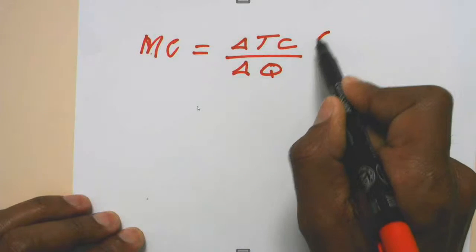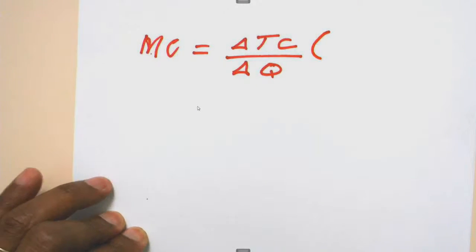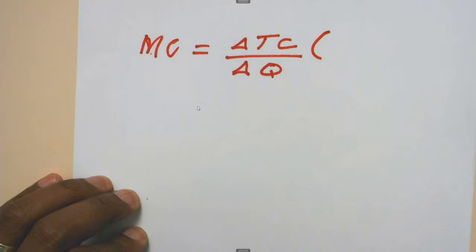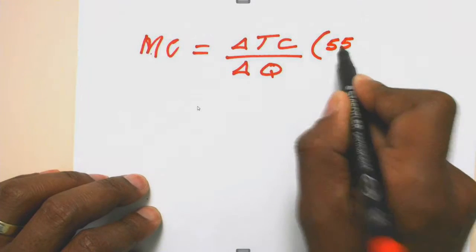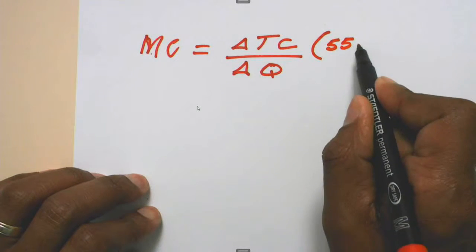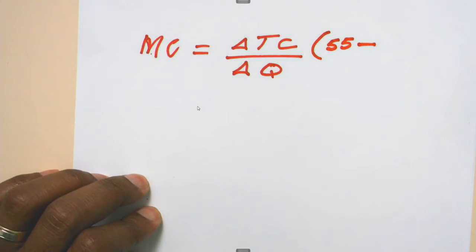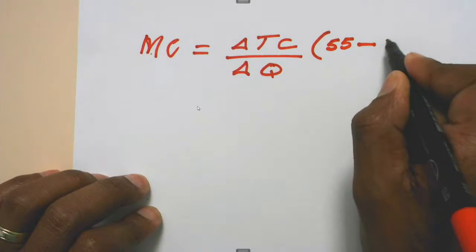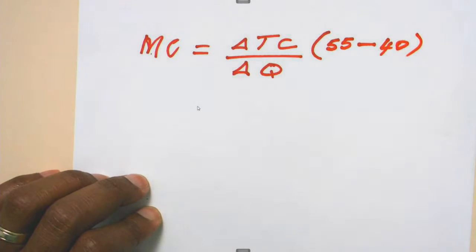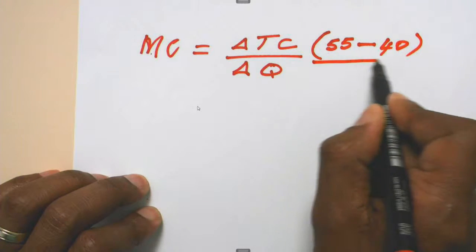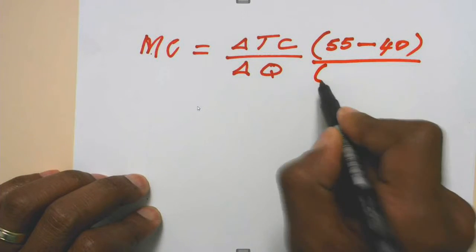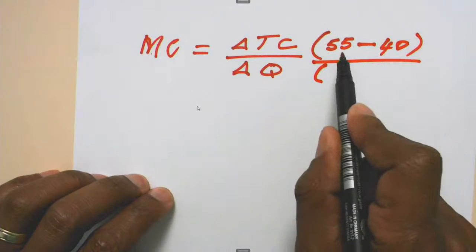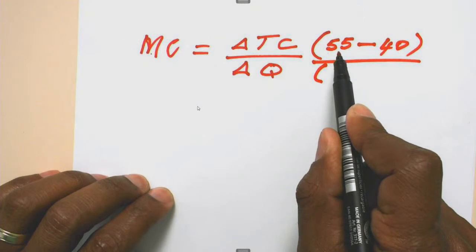So this is how we get the difference. Let's start with change in total cost. Our total cost when we were producing the first item is 55. Am I right? We minus the total cost of the previous quantity that we produced, which was 0. At quantity 0, our total cost was 40. We divide this by the change in output. Our change in output, how much are we producing now? At 55, how many items did we produce?